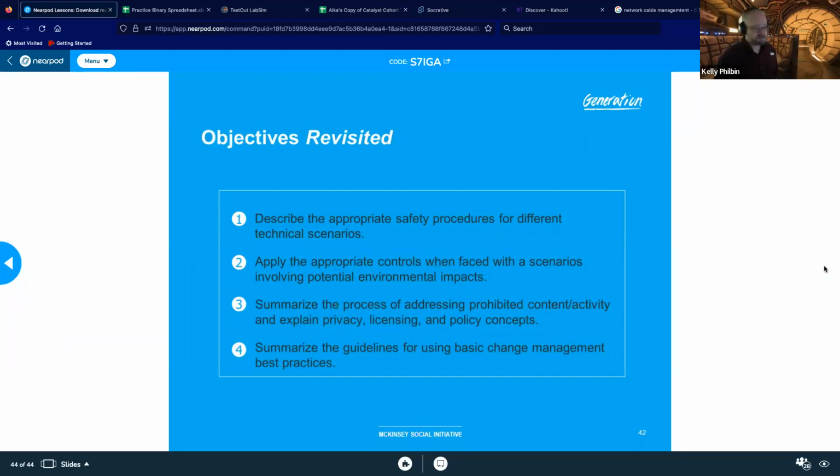Don't throw batteries in the trash, especially those little button ones. Be good stewards of our environment. Summarize the process of addressing prohibited content activity and explain privacy, licensing, and policy concepts. And then finally, summarize the guidelines and concepts for basic change management best practices.